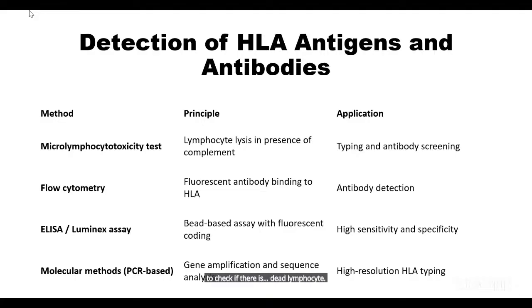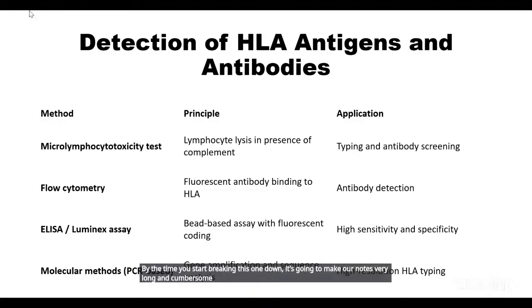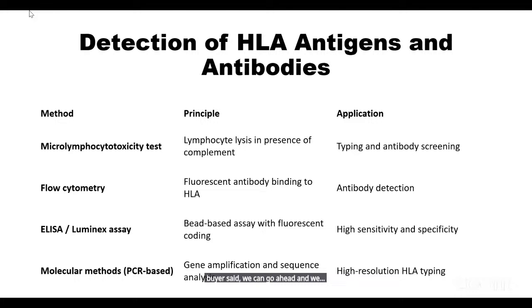Dead lymphocyte will pick up the dye, while the live ones will not pick up the dye. By the time you start breaking this one down, it's going to make our notes very long and cumbersome. So let's just leave it as it is. But if you need to read by yourself, you can go ahead and read. But basically what it does is to detect if there is any antigen or antibody reaction in any lymphocyte.